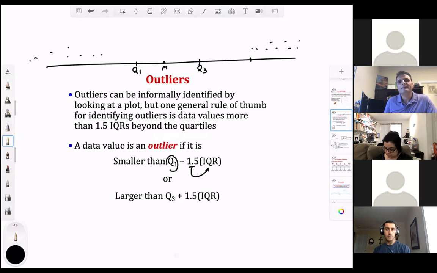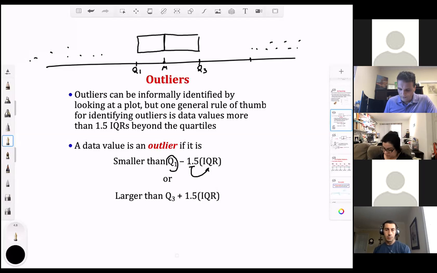So let's say we have a data set like this. We already know to find the midpoint, median. We know how to find the Q1. And we have Q3. Now the minimum and maximum.